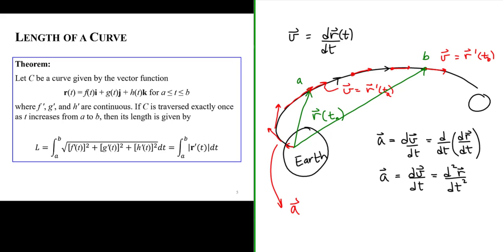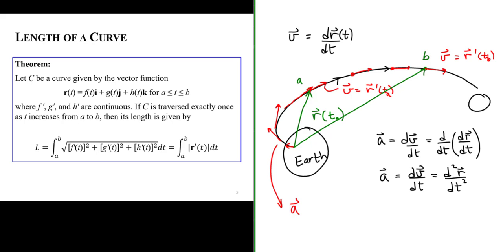Let C be a curve given by the vector position function r, with components f of t being a parameterized function for the x component, another parameterized function g of t for the y component, and another parameterized function h of t for the z component on the interval from a to b, where the derivatives of f, g, and h are continuous.